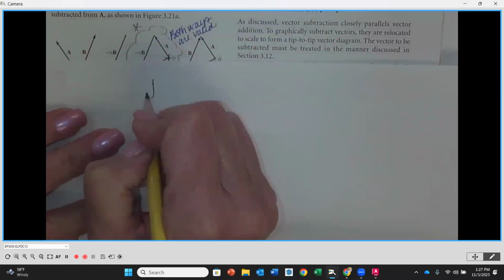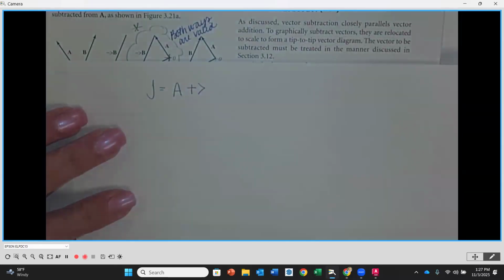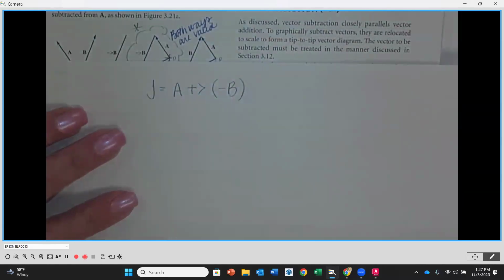J is going to be equal to A plus vectorially, in parentheses, the negative direction of B.